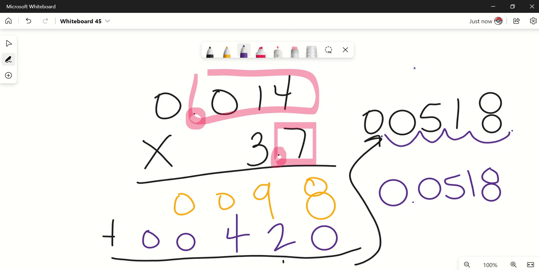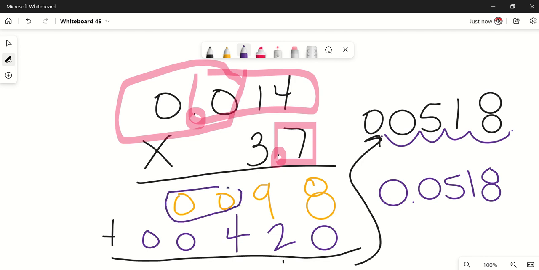So recap again, remember when you multiply decimals by decimals, always put the longer of the two numbers on top and ignore the decimals until the end. If for any reason there are zeros at the beginning, like this one, we can ignore them until the end. If you want to bring them down like I did down here and over here, that's up to you.